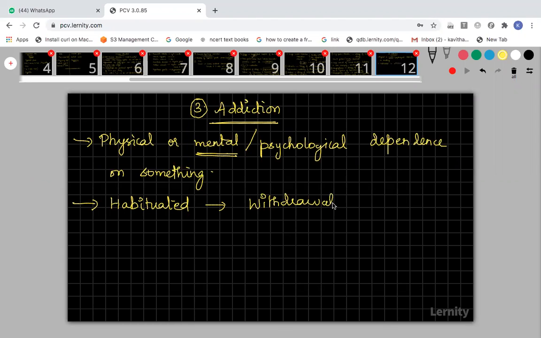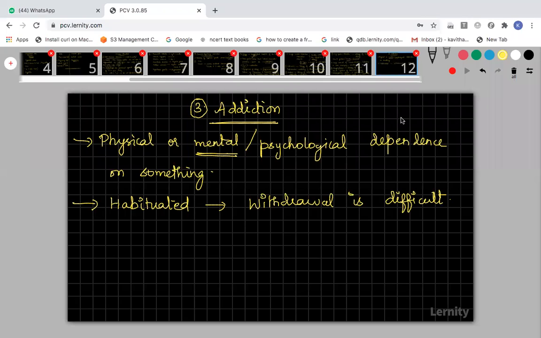Withdrawal means you have to stop doing that. That's why parents and people generally say you should not get addicted to anything. In everything you should have a limit, even in relationships, hobbies, everything.